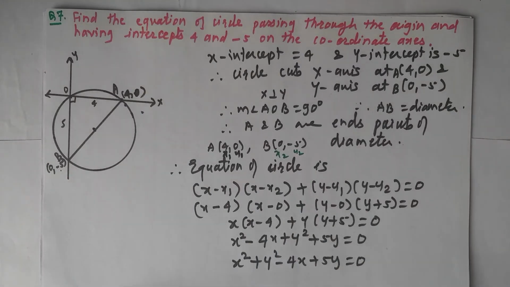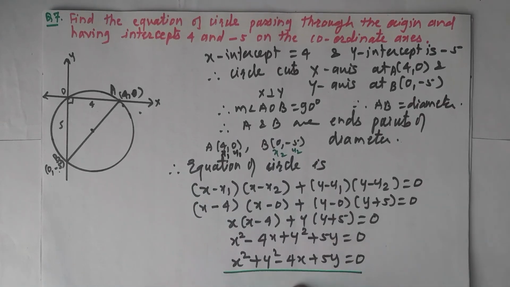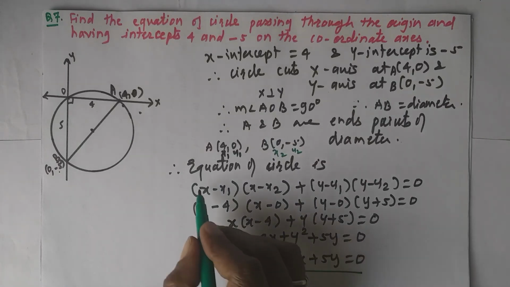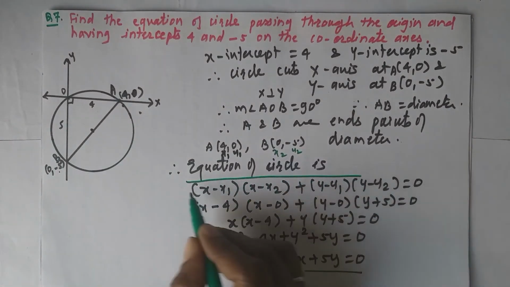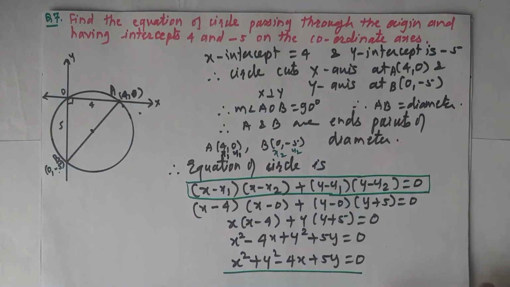And this is your required equation of the circle which cuts the x-axis and y-axis at points (4, 0) and (0, -5). Means this is the equation of the circle which passes through the origin having x-intercept 4, y-intercept minus 5. Okay students, remember this formula, the equation of circle in diameter form. Okay, let's see the last question.